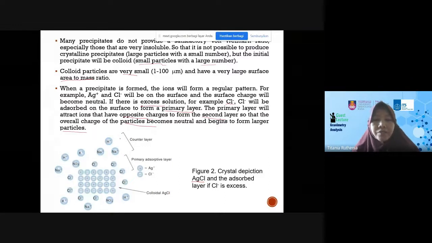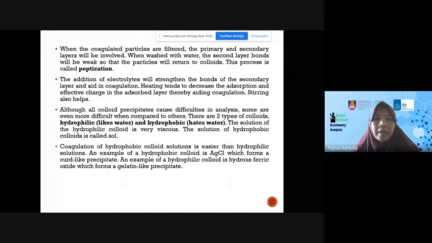It will be neutral and begin to form larger particles. However, when the coagulated particles are filtered, the primary and secondary layers will be weak, so that the particles will return to the colloid form. And this process, we call it peptization.